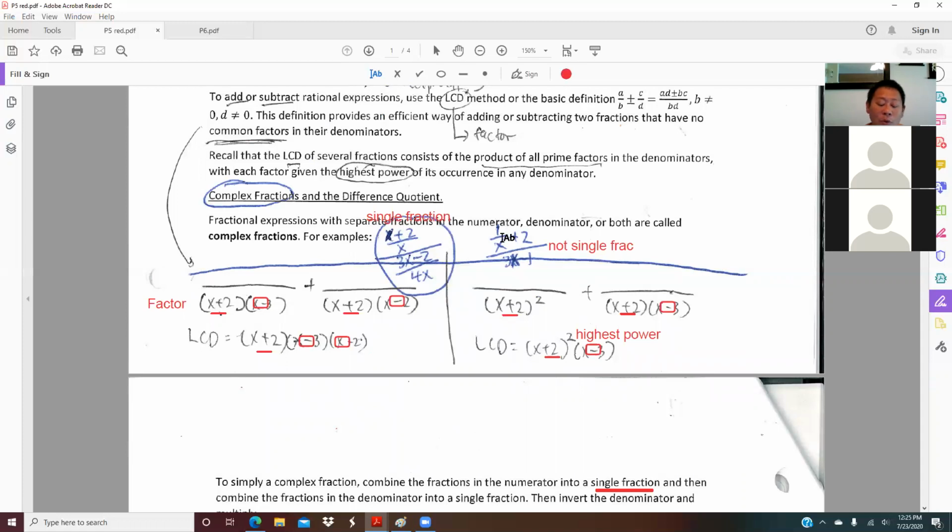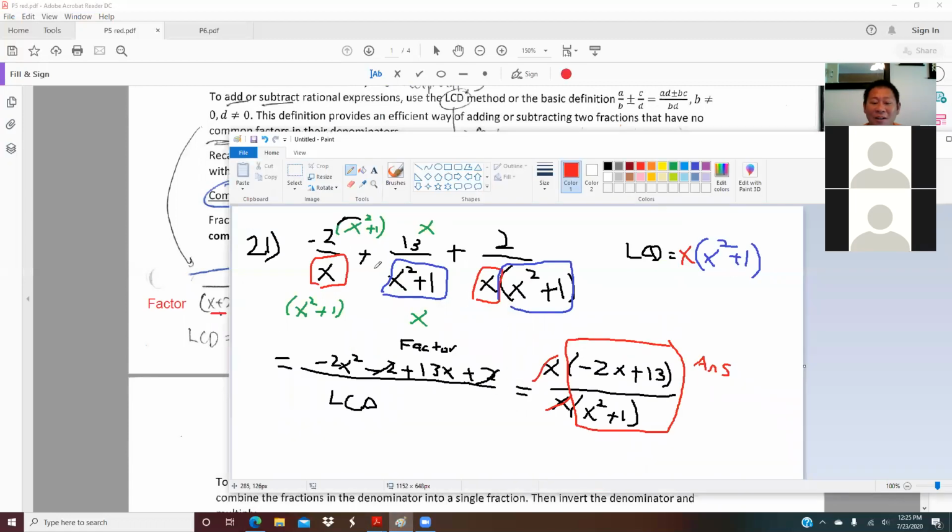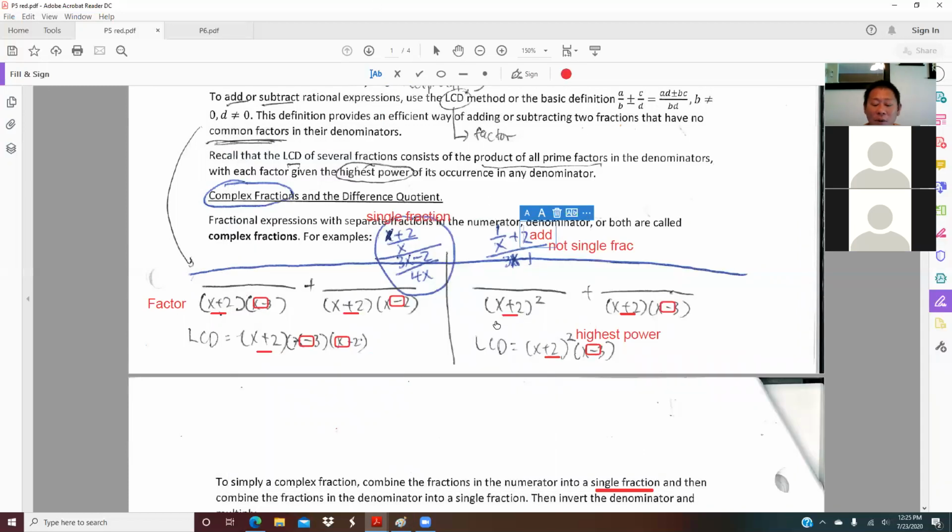So how do we convert a not-single fraction to a single fraction? You add these two up. You add like what we did just now: find the LCD, multiply it, like what we just did over here. But the addition here is simpler than question 21. And then once you add them up, you become a single fraction.